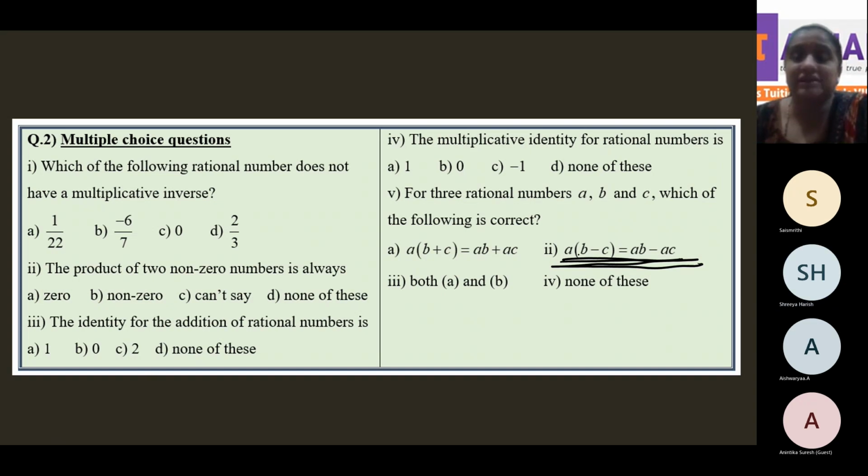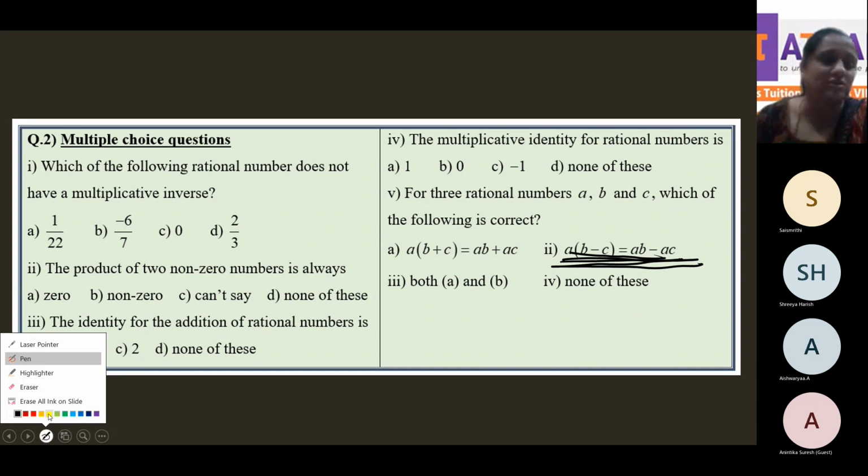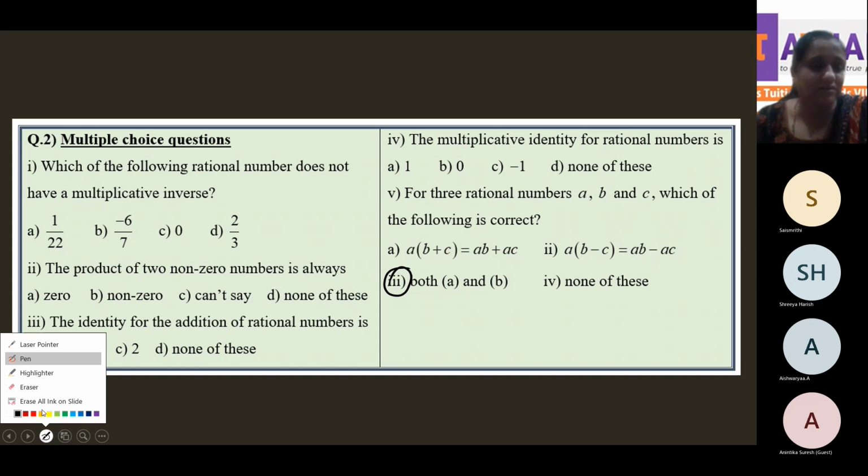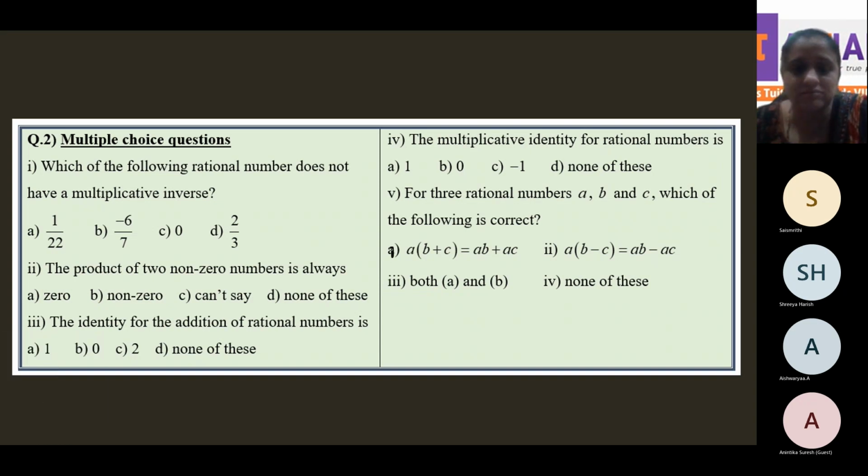Okay, so it is the distributive property of multiplication over subtraction of rational numbers. Very good. So both A and B are correct. So the correct option is 3. I've made a mistake in typing here. This one is 1. Okay. So this is right. Very good.